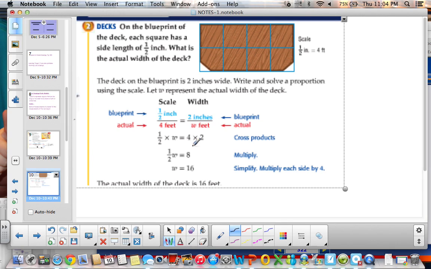So then we solve: 1/2 times W, and then 4 times 2 is 8. So 1/2 W equals 8. And then we can either multiply by the multiplicative inverse, or we can solve.